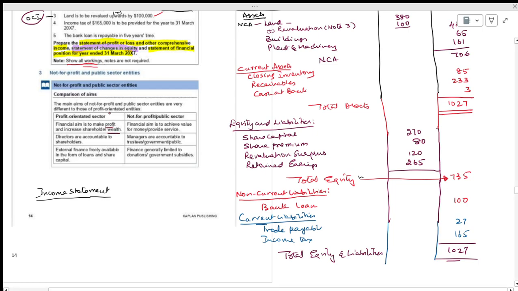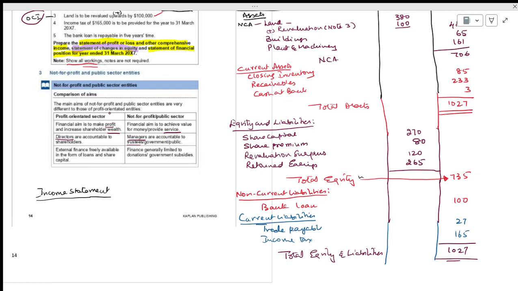Whereas non-profit, they want to provide service. In profit organizations, the board of directors are accountable. In non-profit, who are responsible? Trustees. Managers are responsible to the trustees.